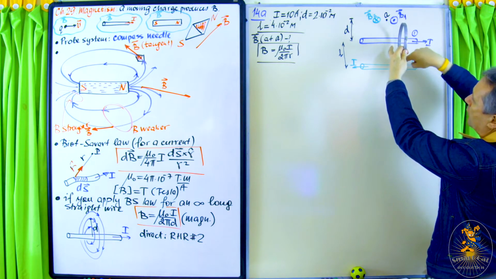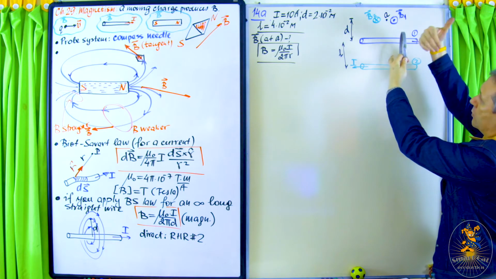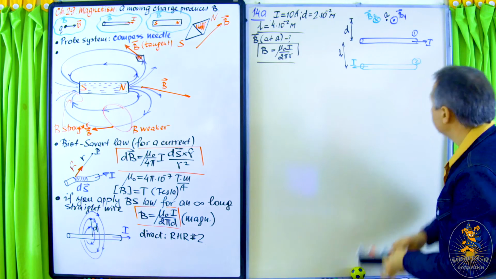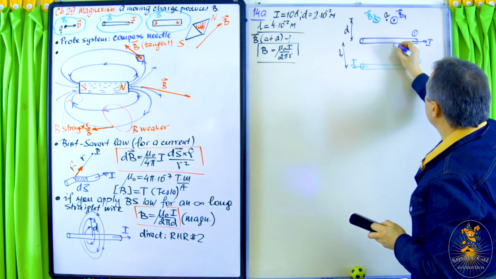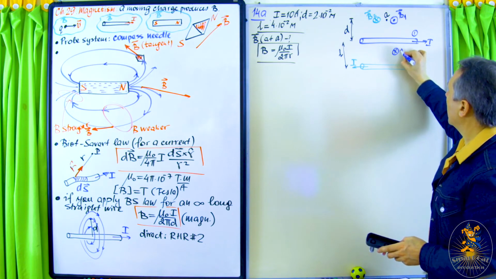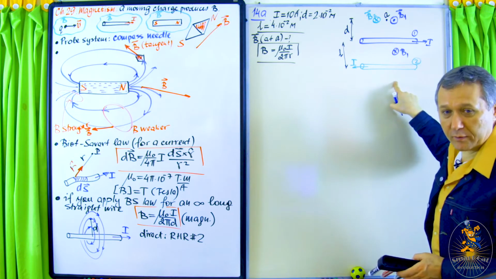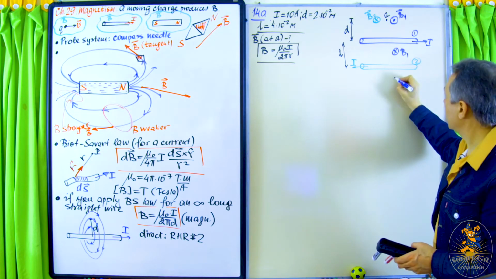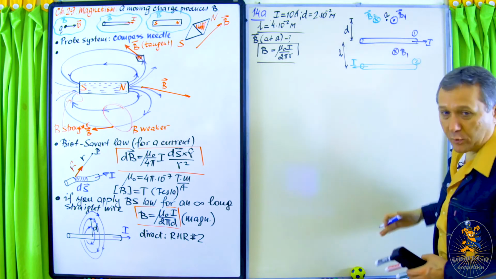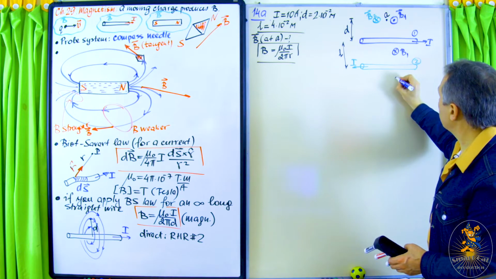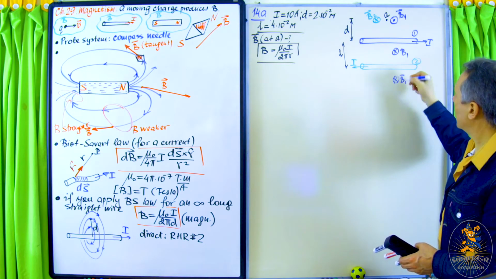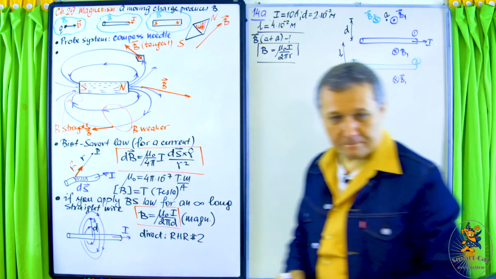Below wire 1, of course, the magnetic field will be into the board, so a cross. So between the wires, magnetic field B1 will be into the board, and of course, even below this, right? Because this magnetic field fills up the whole space. So even below this, it will still be B1 pointing into the board.